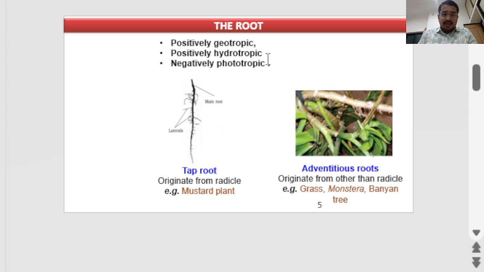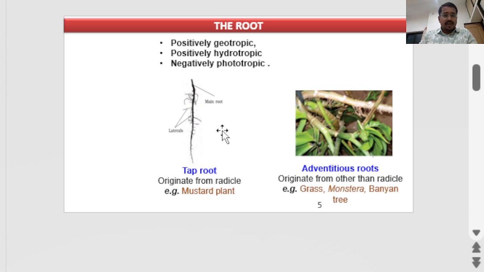As these have more affinity towards the water, these are known as positively hydrotropic organs. But the roots also have the tendency to move away from the light. In this manner, they are negatively phototropic. They are what? Negatively phototropic.